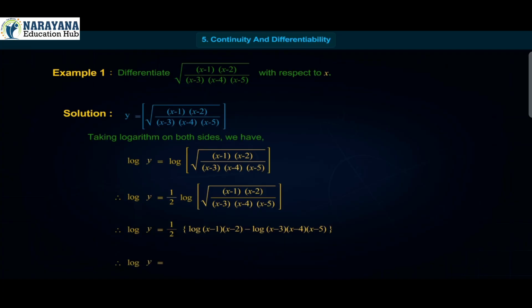Therefore, log y is equal to 1 upon 2 into [log (x minus 1) plus log (x minus 2) minus log (x minus 3) minus log (x minus 4) minus log (x minus 5)].